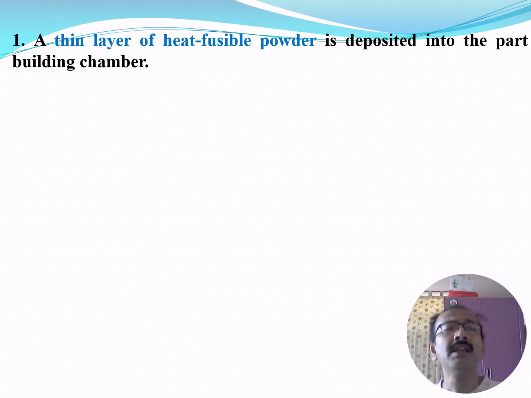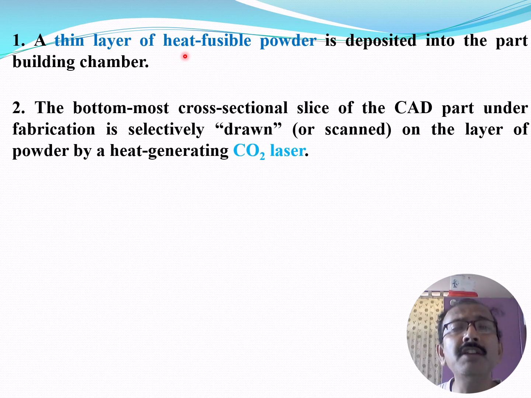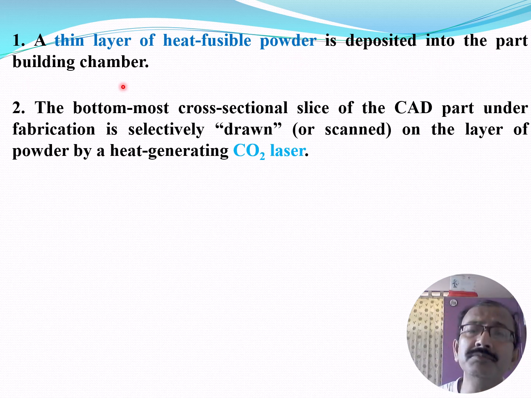Number one, a thin layer of heat fusible powder is deposited into the part building chamber. Number two, the bottommost cross-sectional slice of the part under fabrication is selectively drawn or scanned on the layer of powder by the heat-generating carbon dioxide laser.